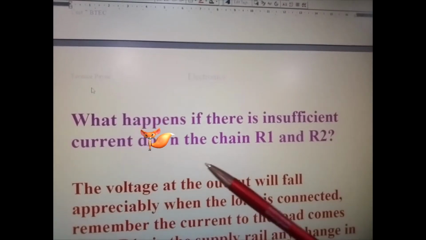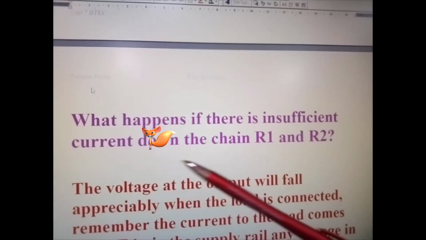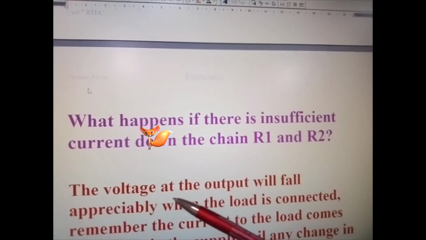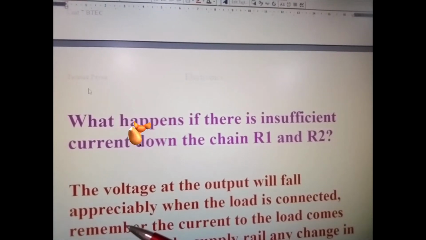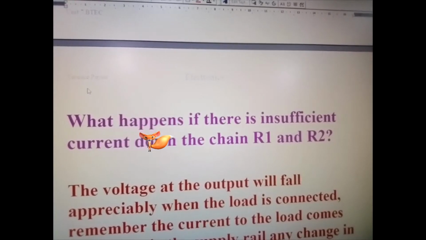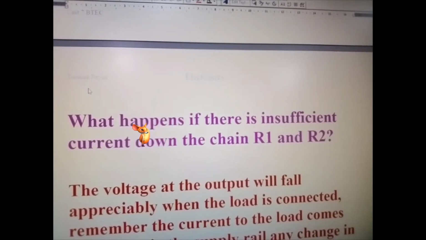What happens if there is insufficient current down the chain, R1 and R2? The voltage at the output will fall appreciably when the load is connected. Remember, the current to the load comes down R1 via the supply rail.